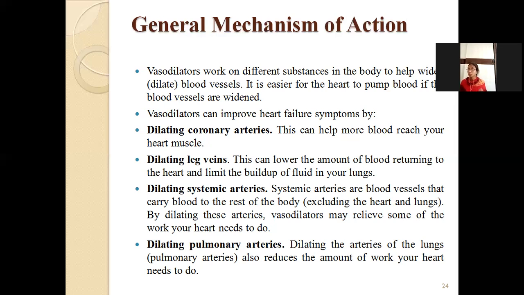But if you dilate the pulmonary arteries, the heart need not do that much work. It reduces the workload on the heart. So this is the general mechanism of action of vasodilators.